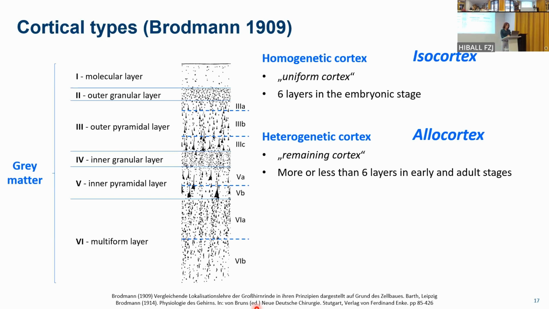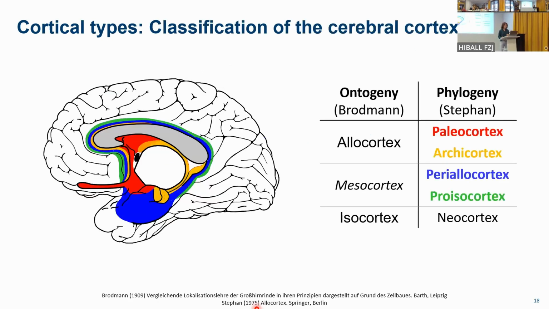Now, between the isocortex and allocortex, we've got another type of cortex, which is a transition between the two, called mesocortex. These are types of cortex that can be identified during ontogeny, so in the embryonic brain.